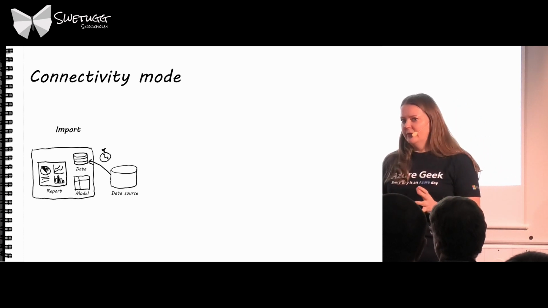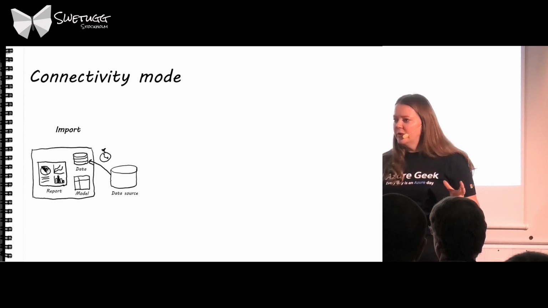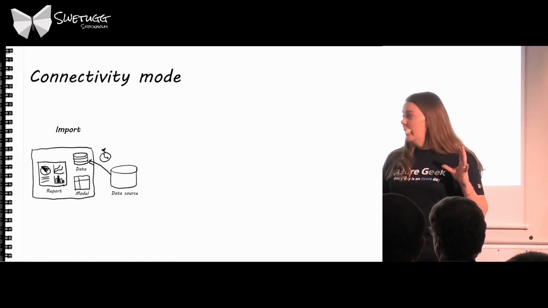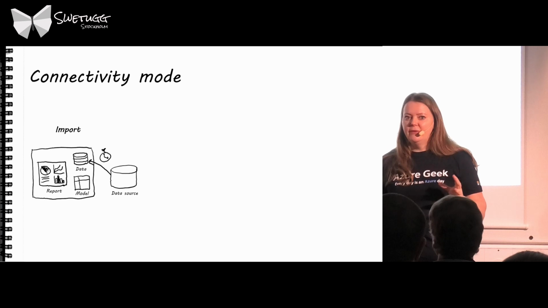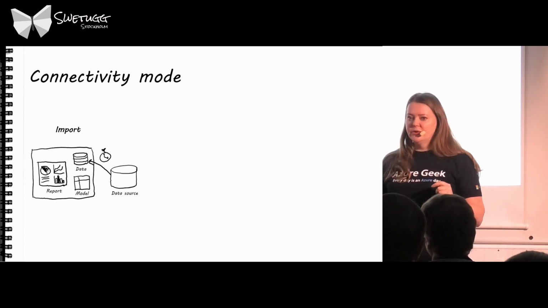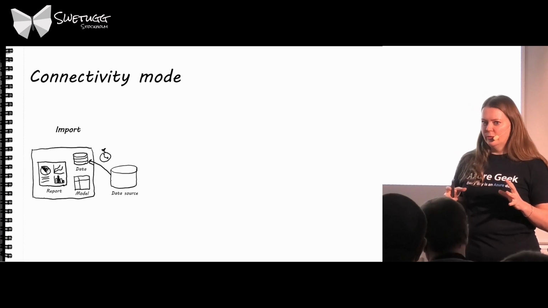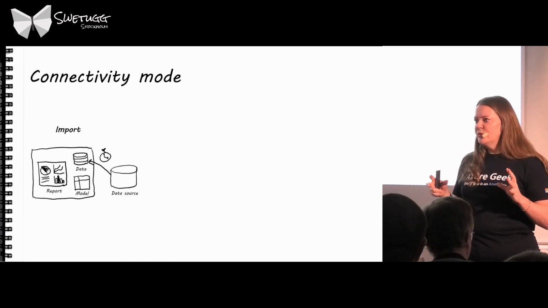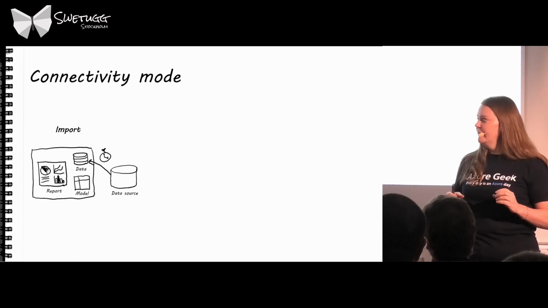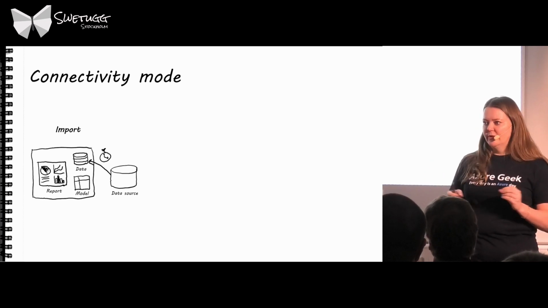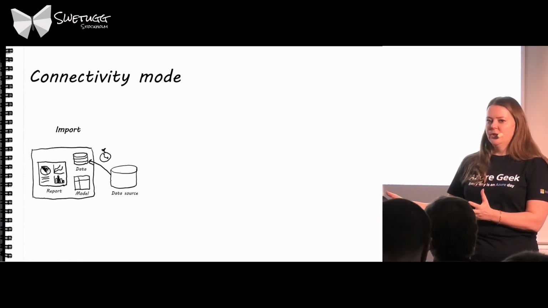You can select filters, you can select what tables you want to import, and you import. And then the data is stored in Power BI memory database in highly compressed format and gives you the best performance when you interact with your reports. Data is here for you, compressed.